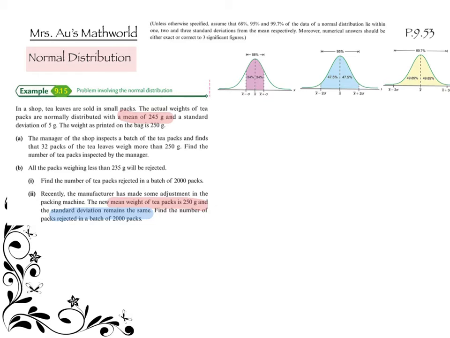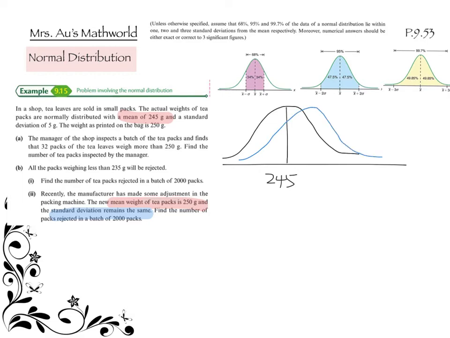What does it mean? It means the original graph is the black one, at 245. Right now the graph moves, and it should be the same graph. This time we change 250 to be the mean, and then 245 becomes minus 1 SD. The graph has moved by translation without changing the shape.